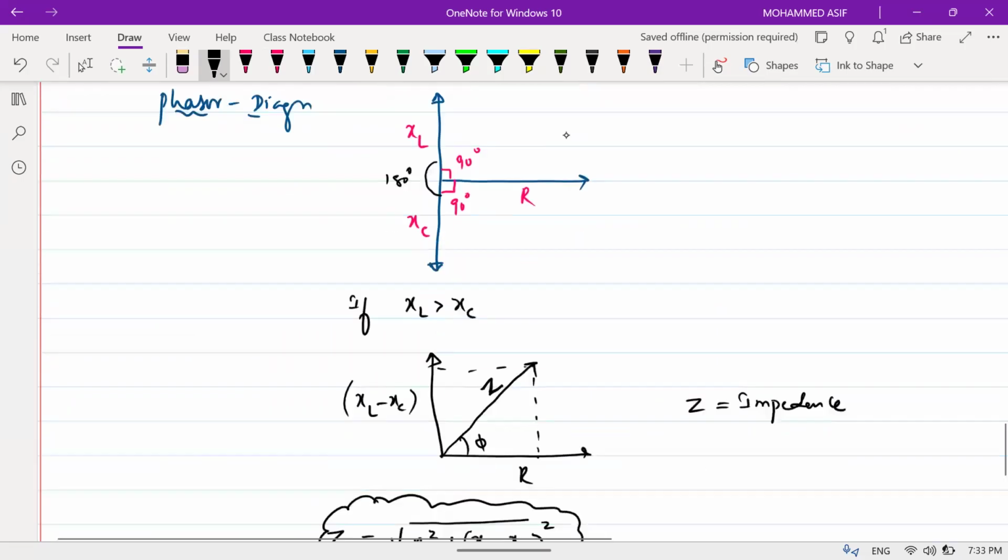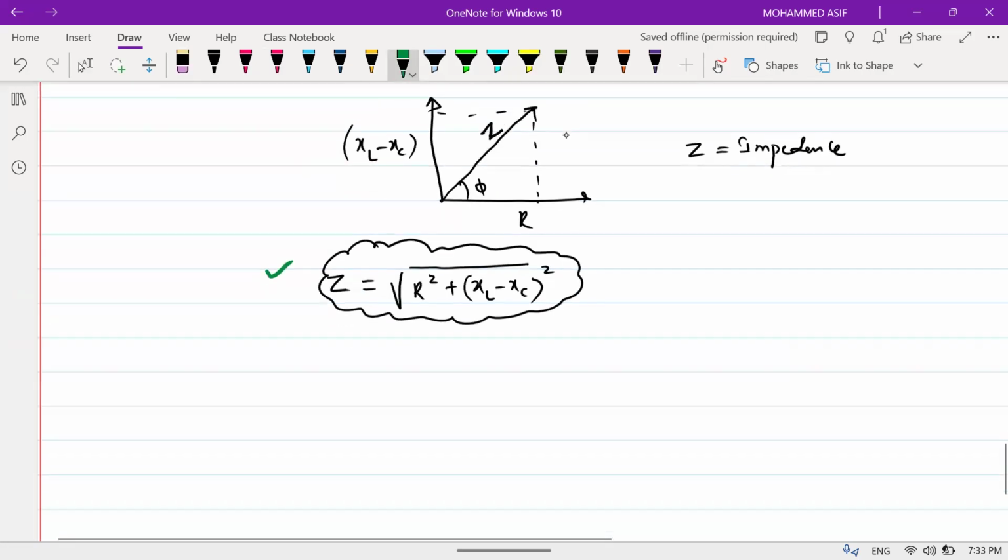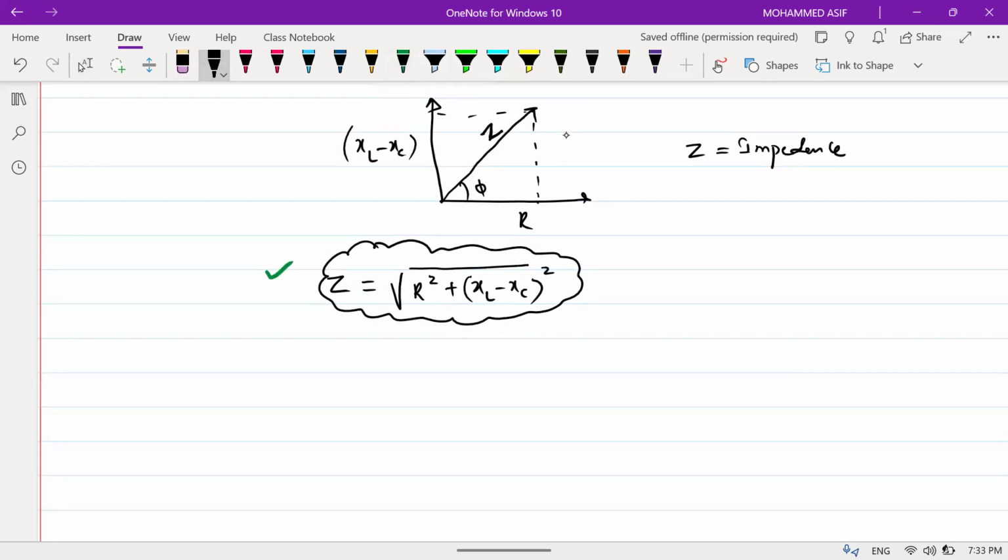What is Z? Z is known as impedance. If the condition is given in the problem that XL is greater than XC, then impedance is under root of R square plus XL minus XC whole square. You know the value of XL, which is L omega, and XC is 1 by C omega.